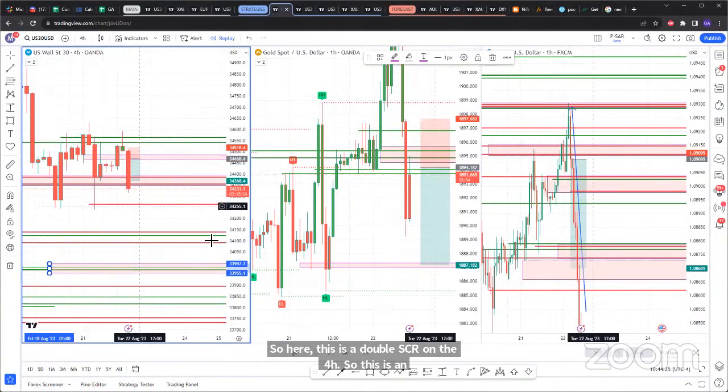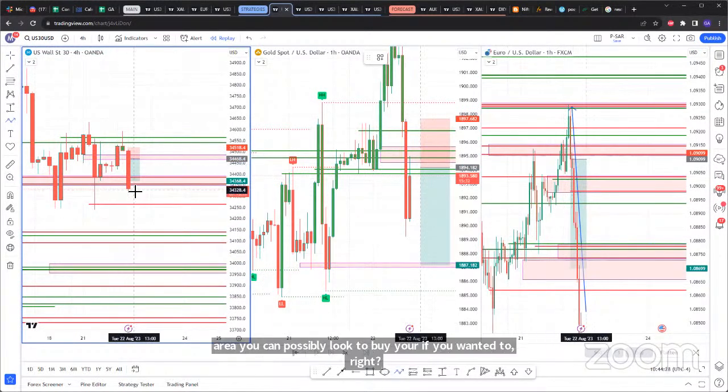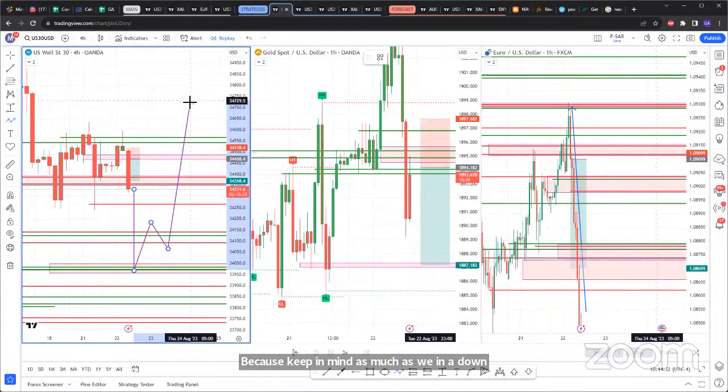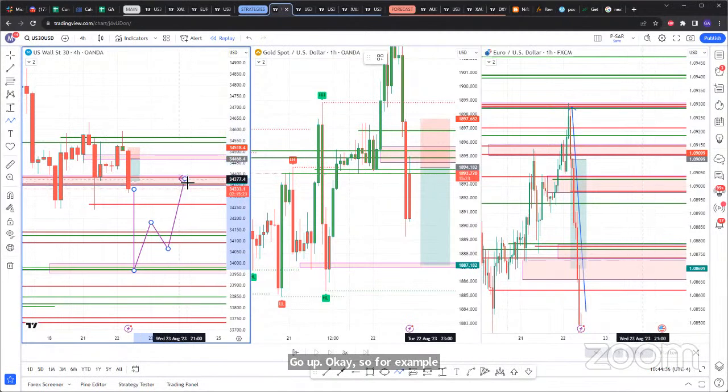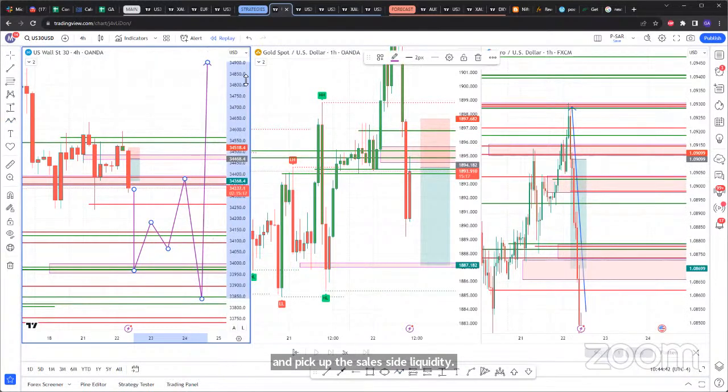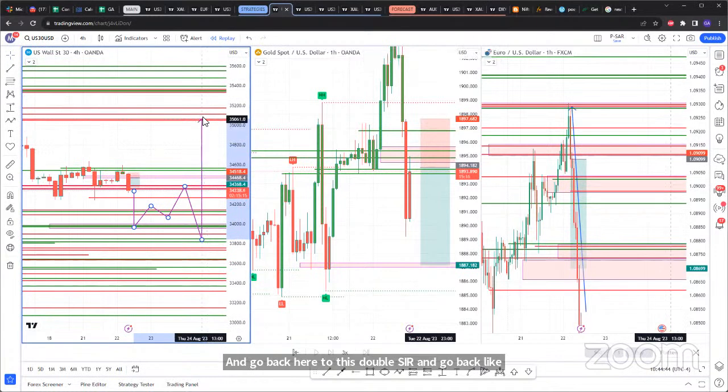Because keep in mind, as much as we're in a downtrend, US 30 can come all the way here, bounce off of here and go up. Then come back here, pick up the sell side liquidity and go back to this double SAR. Look at these double SARs right here.